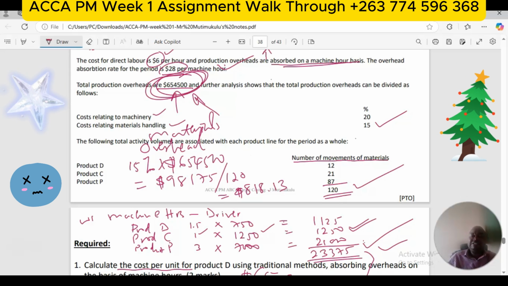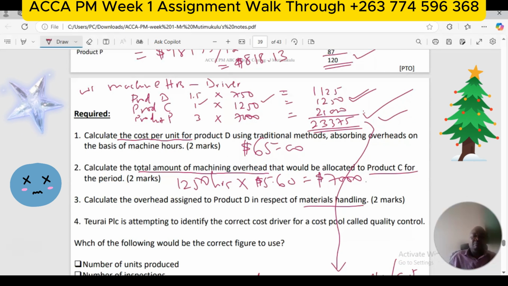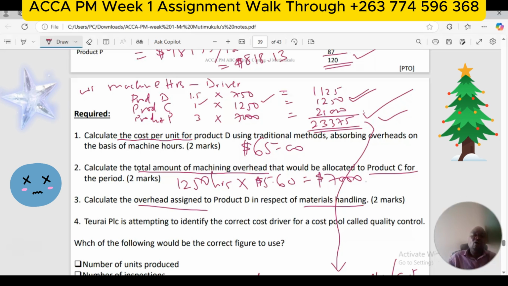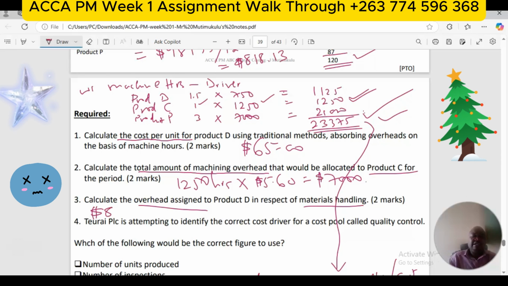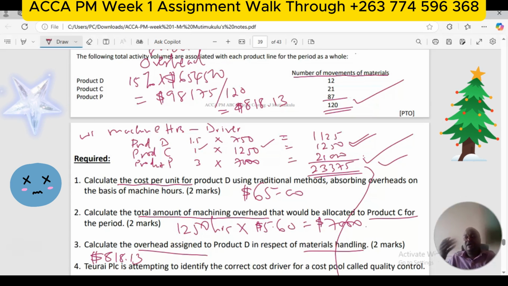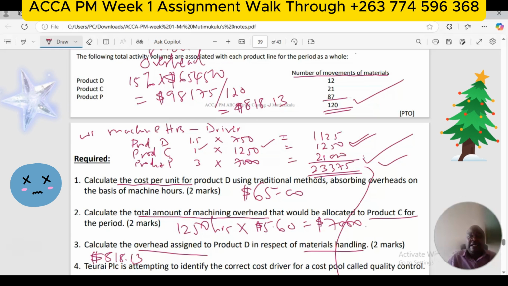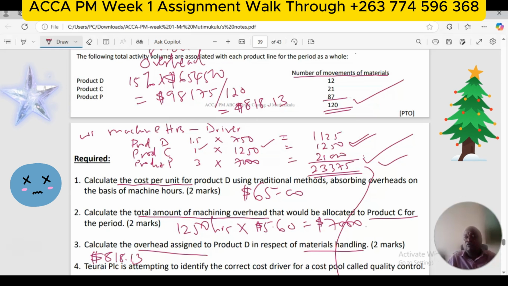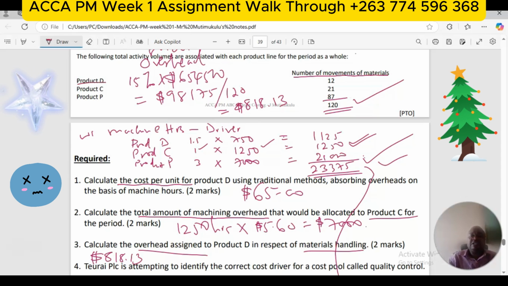Now, to get the associated overhead cost to be assigned to product D, shall we then do what we did in part 2, saying $818.13, which we have just calculated, the cost per material movement, and the total number of units of D produced, which was how much?